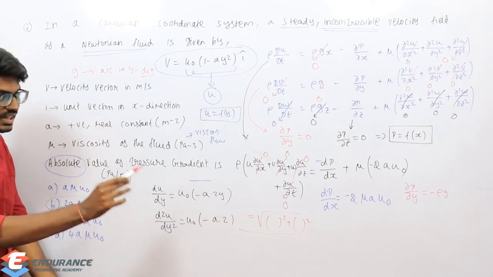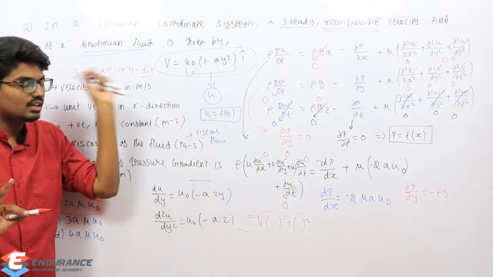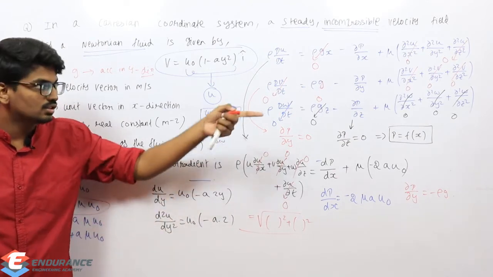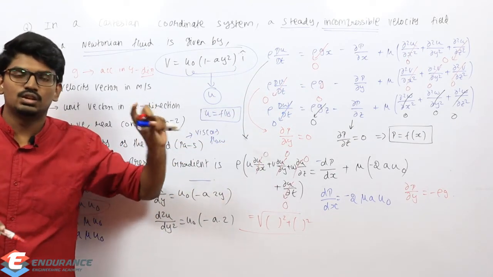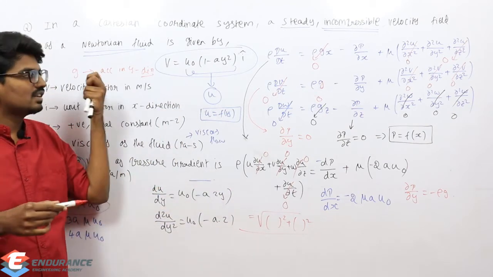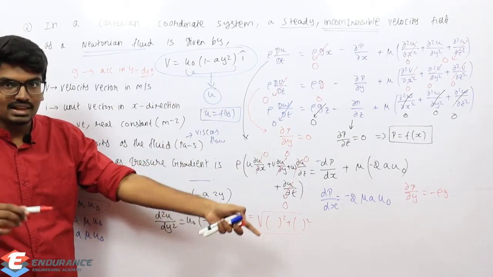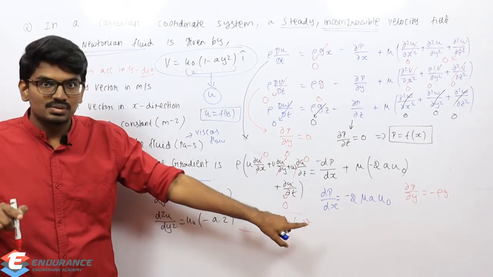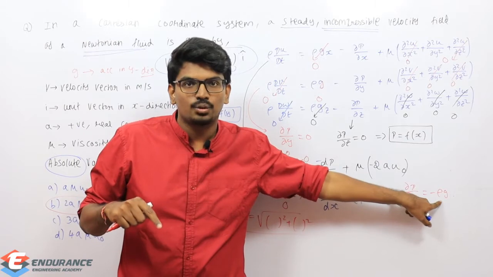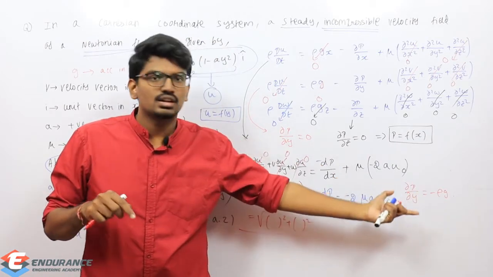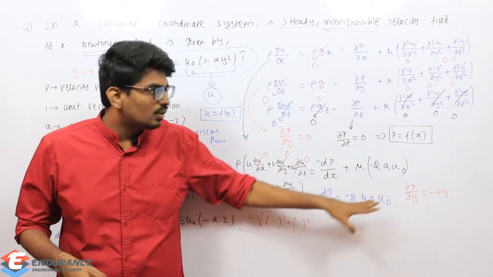In the option also they didn't include body force, in the question also they didn't state body force, so I neglected the body force. But there is a possibility for twisting like that. There is a possibility they will give g value like this, and if they do, then there is a possibility that only this will also be there in the option, or only this will also be there in the option. But the actual answer should be the resultant of these two. You should not take this alone or that alone.